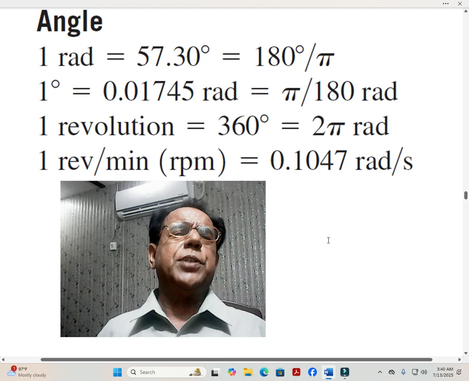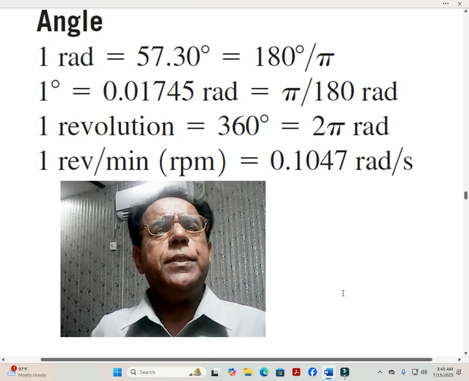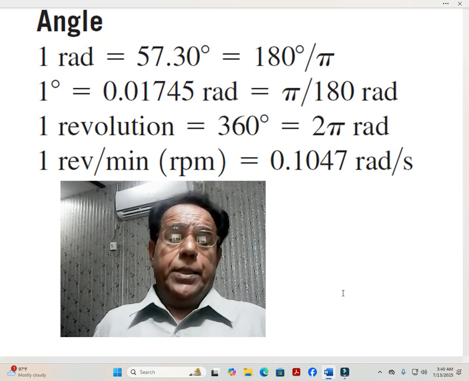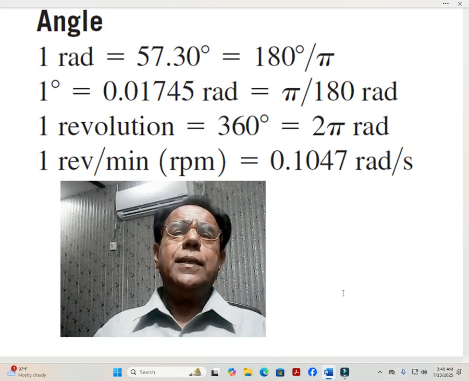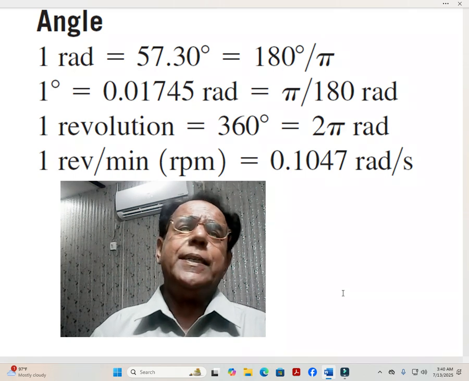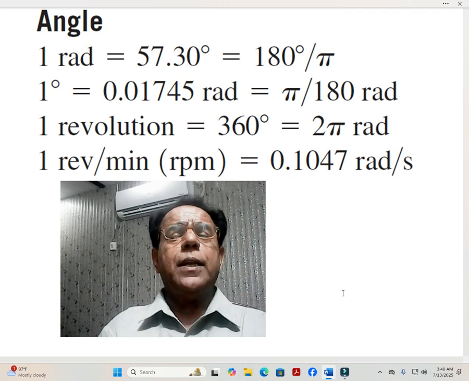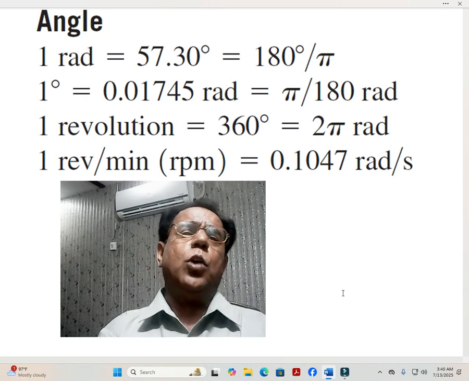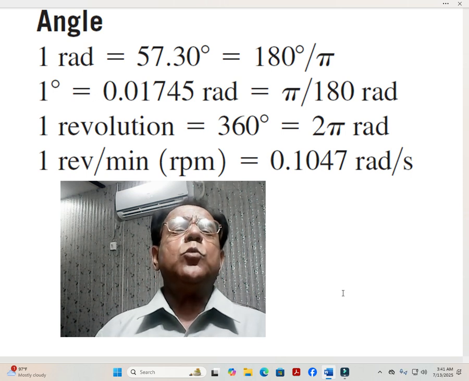Now this is some information about angle. 1 radian is equal to 57.30 degree, which is alternatively 180 degree over pi. 1 degree is equal to 0.01745 radian, which is alternatively pi over 180 radian. 1 revolution is a whole circle, that is to say 90 degree first quadrant, 90 degree second quadrant, 90 degree third quadrant, 90 degree fourth quadrant. 4 into 90 equals 360.